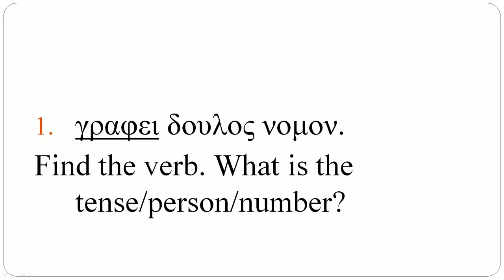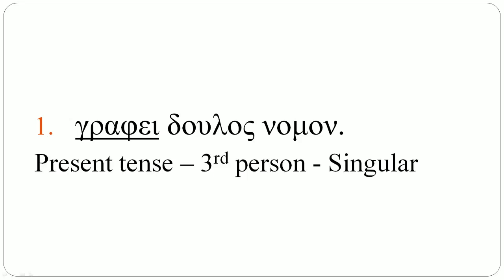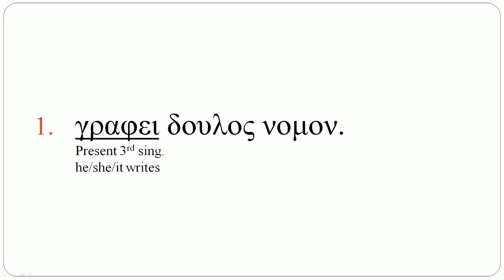So the tense is going to be present. Then looking at the ending, the epsilon iota ending from last week's chapter, that is a third person singular. So we have present tense, third person singular for this word graphe.